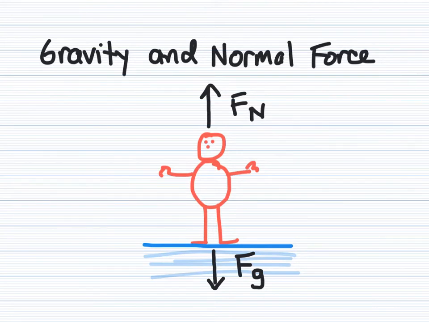And so if we look at the normal force and the size of it, and the size of the force of gravity, we can see that the arrows are the same length, and the arrows are in opposite directions. So these forces are what we call balanced.